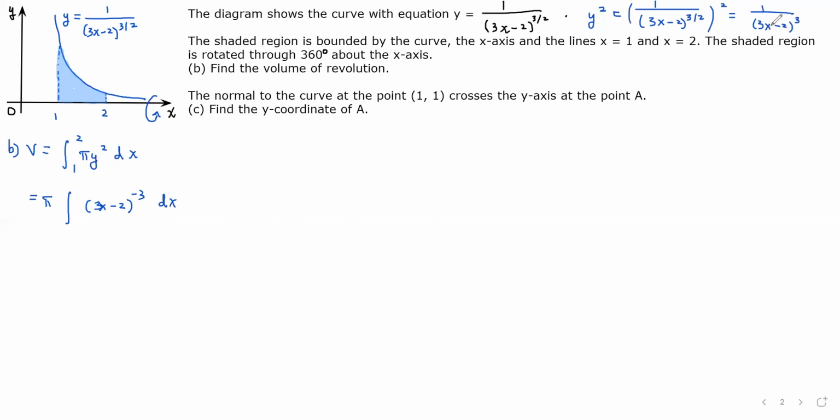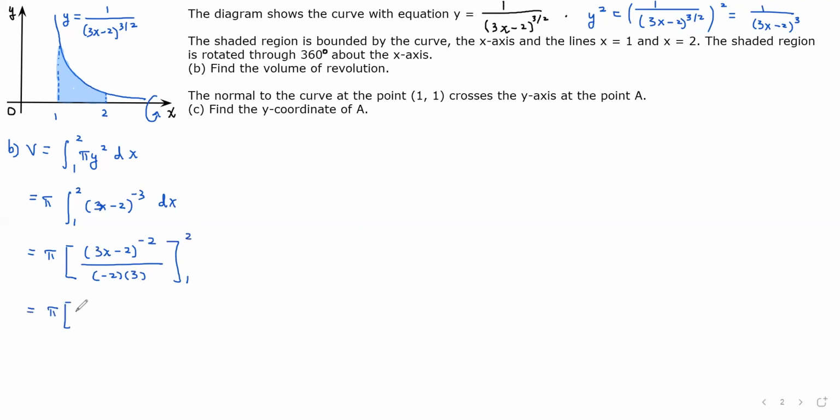When you bring it up to the numerator, you just have a negative exponent, and we integrate from 1 to 2. Upon integration, we have (3x minus 2) to the negative 2 over negative 2 times the coefficient of x, which is to be evaluated from 1 to 2.